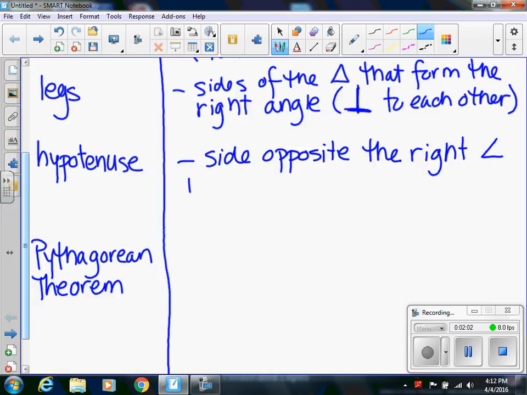Also, one thing to keep in mind with the hypotenuse is that it's always going to be your longest side. The other thing to keep in mind is that when you're using the Pythagorean theorem, the hypotenuse is always the part that's labeled C. That will never change.